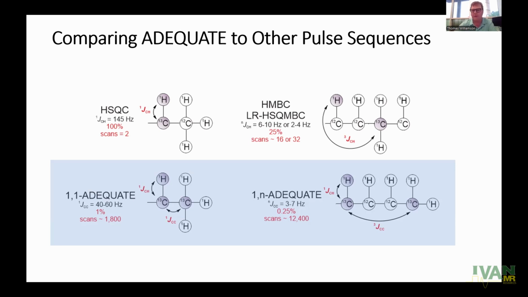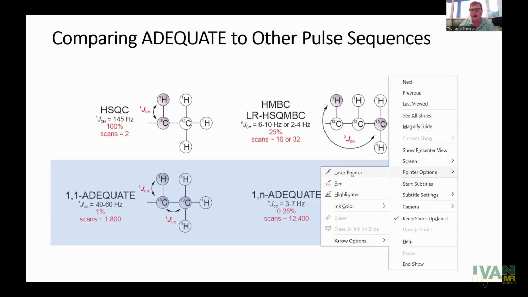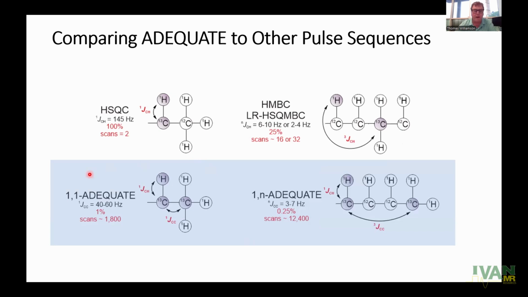These experiments are very powerful and provide a really nice option for determining exactly what would be equivalent to a two-bond HMBC correlation, looking at the magnetization transferred from a proton to a carbon and then a neighboring C13 atom.